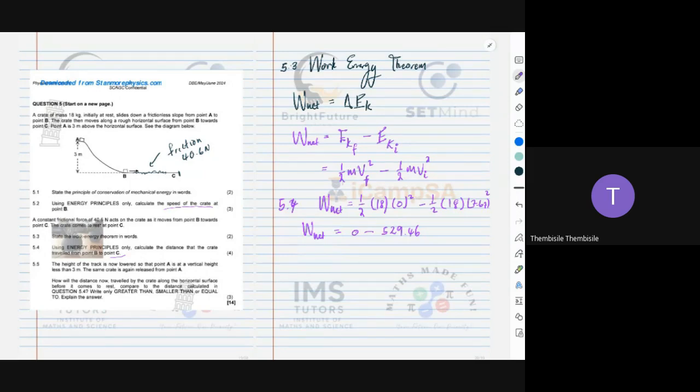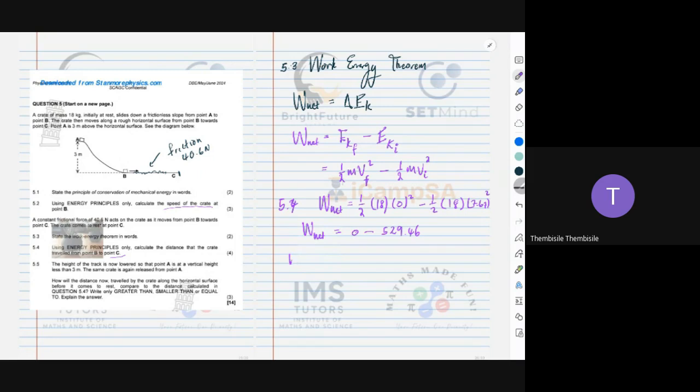Okay, so in this case, we can say, check the box. The box actually has only one force acting on it, which is our non-conservative force, friction. And we know that the work net, so we can say the work done by friction, since it's the only force, is equal to work net.